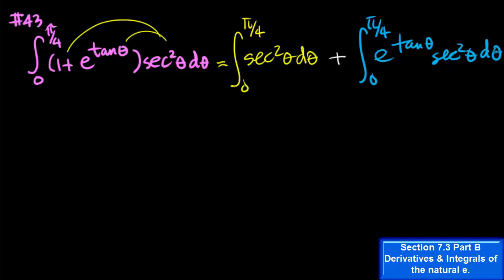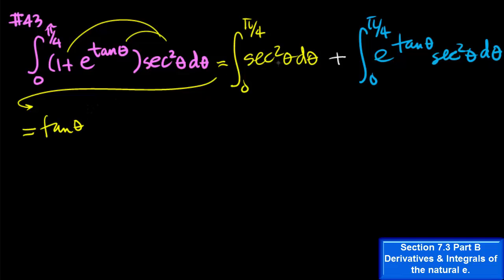Okay, so now we're splitting this and integrating it one at a time. So this is really simple because you know that that's the derivative of tangent. So the first part is equal to the tangent of theta, right?